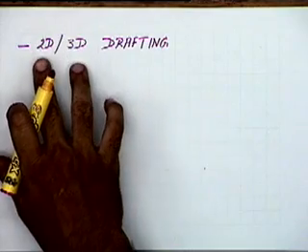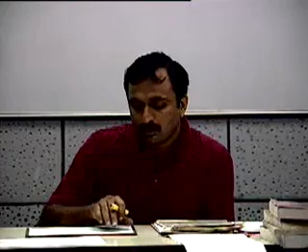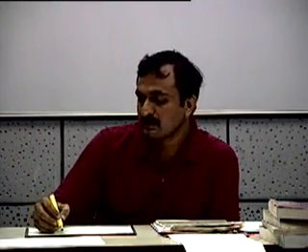When we say drafting, what we mean is the normal drawing work that is done. You have all done a course on engineering drawing. Whatever drawing you do on the drawing board, the same, instead of doing it on the drawing board, you do it on a computer. Let us take a very simple example.